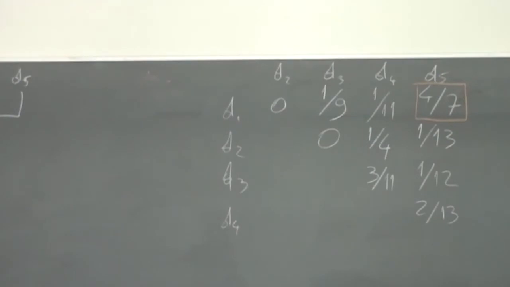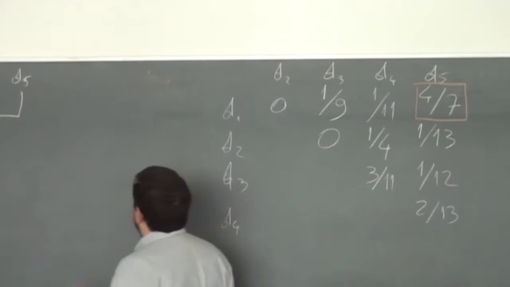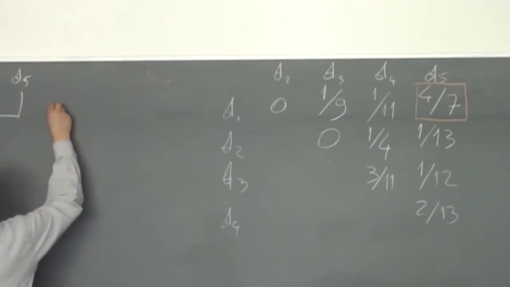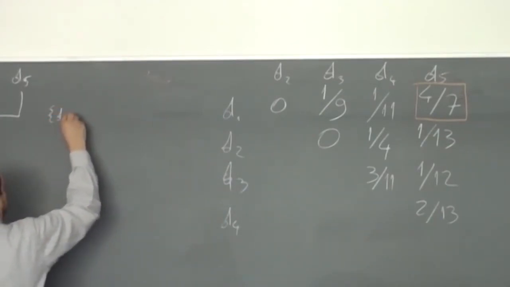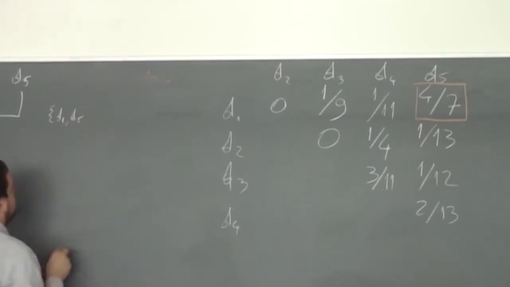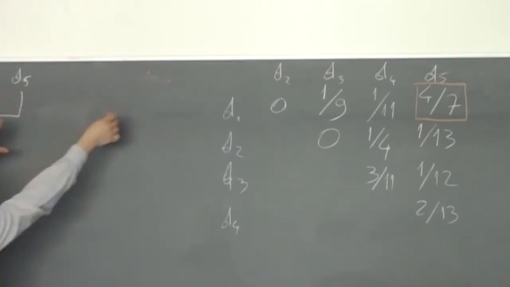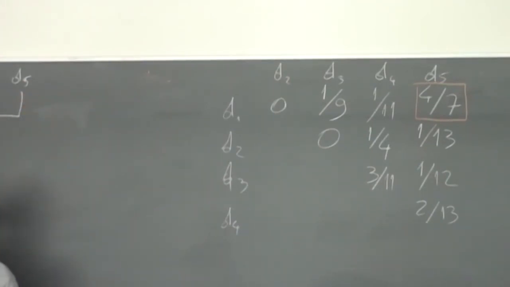But what I want actually now is a table where D1 and D5 are merged together. So I can rewrite the table by only considering the similarity between objects D1, D5, but I don't want to write it here because I need space for the dendrogram.